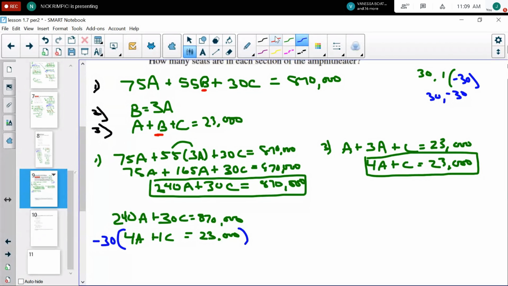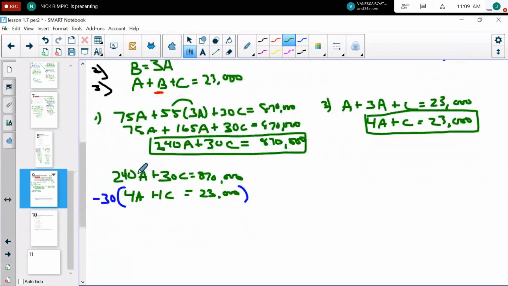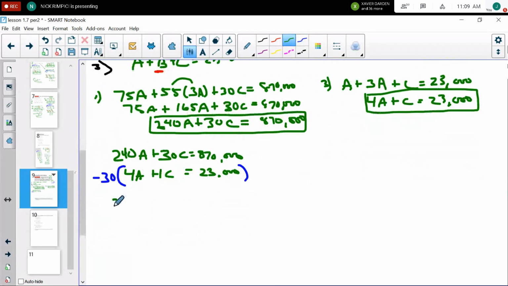All right, so let me just copy the top because I'm not doing anything to the top one. The top one is just 240A plus 30C equals 870,000.